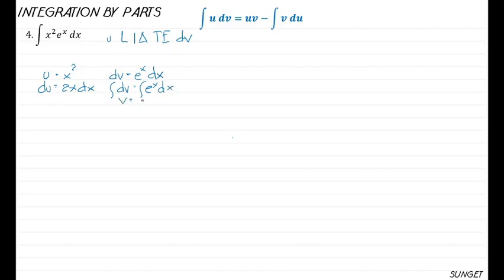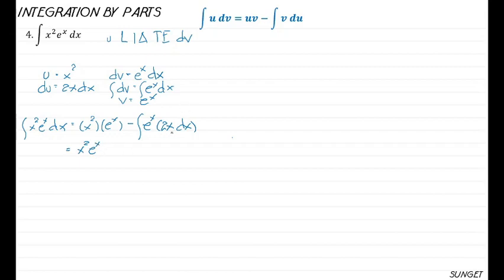So v is equal to e raised to x. So the integral of x squared times e raised to x dx is equal to u times v, so x squared times e raised to x, minus the integral of v du, so e raised to x times 2x dx.